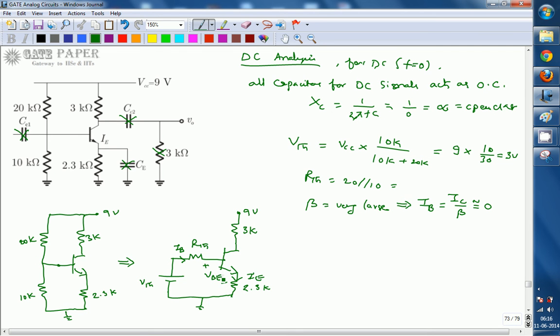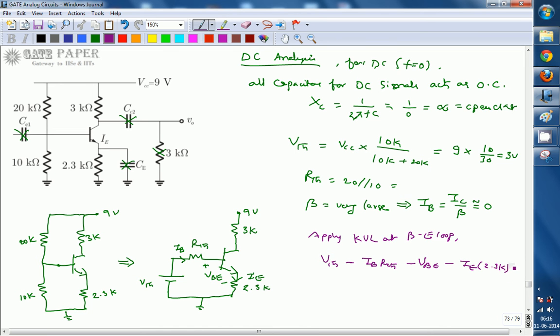Apply KVL, Kirchhoff's voltage law, at the base emitter loop. You can write VTH minus IB times RTH minus VBE minus IE times 2.3K is equal to 0. This is what you will get.